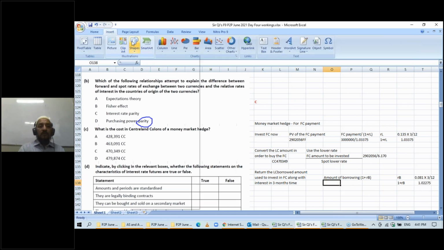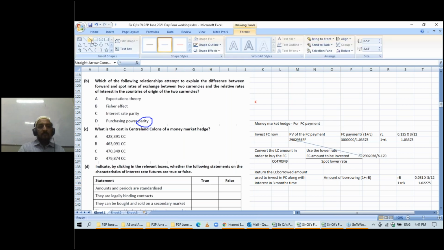Now let me link the amounts to make it easier for you. So the step 1 amount is plugged into step 2, and then the step 2 amount is plugged into step 3.